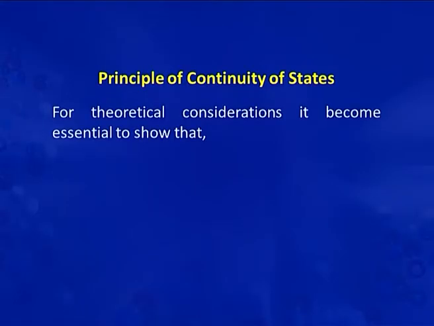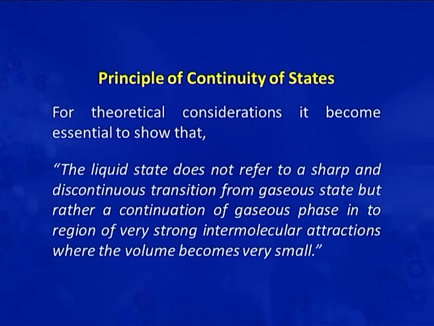So, for theoretical consideration, it becomes essential to show that the liquid state does not refer to a sharp and discontinuous transition from gaseous state, but rather a continuation of gaseous phase into region of very strong intermolecular attractions where the volume becomes very small.